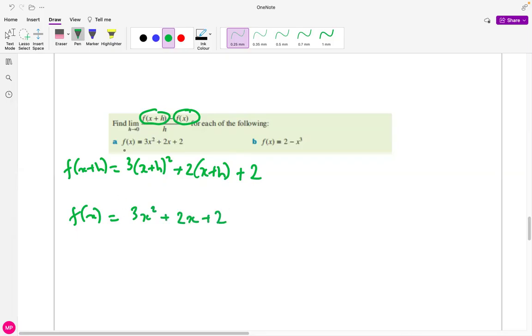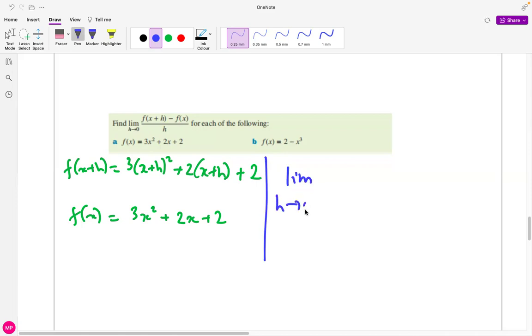Now you can put it in the formula and simplify, or maybe you can expand this out first and put it in later, up to you. But now I just chuck them all in and then I simplify later.